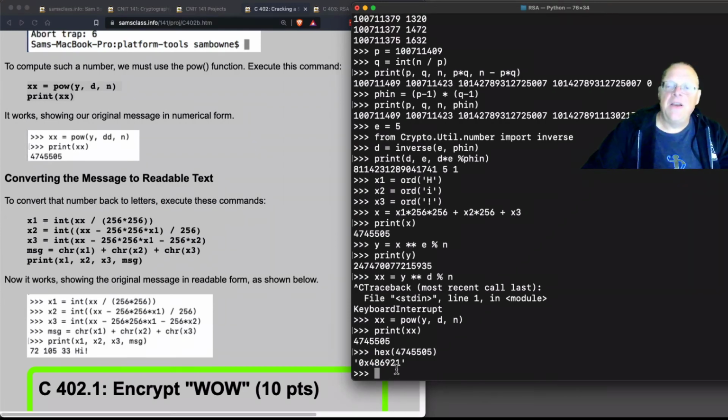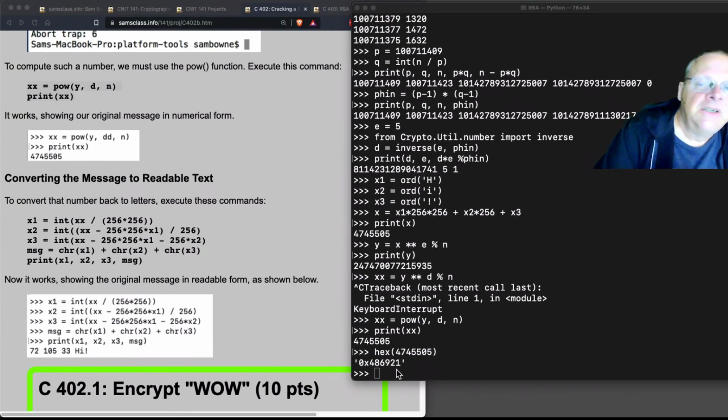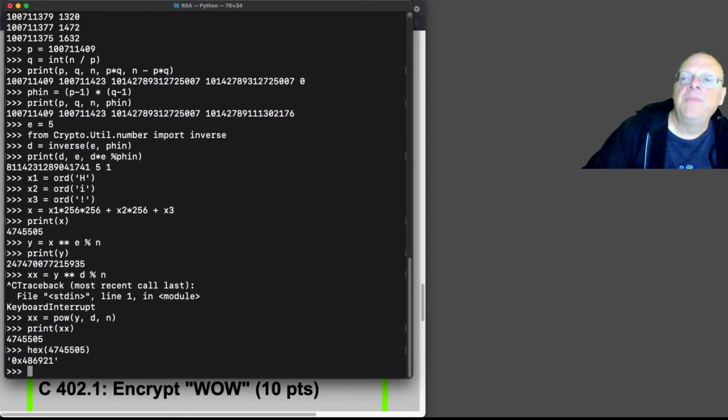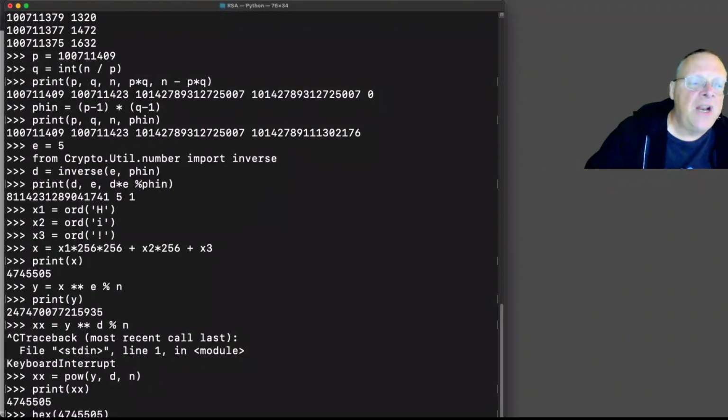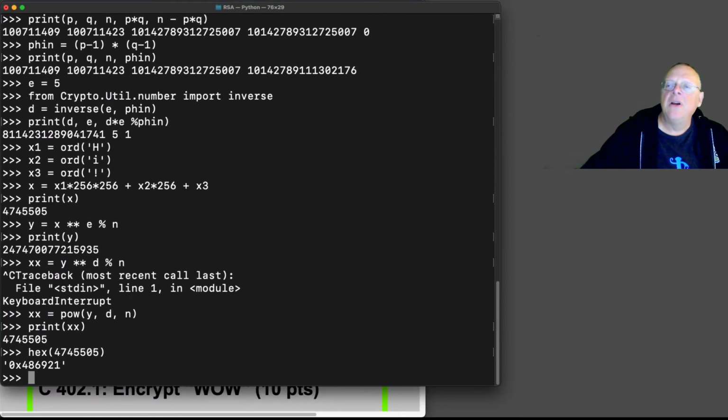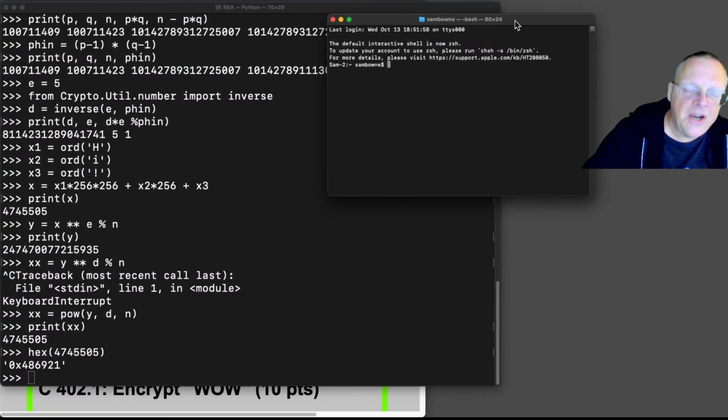So if I open up another terminal and do man ASCII, this is another way to do this encoding that might be more transparent. Let me make this fit on the screen better. All right, there's my number, and I just want to have man ASCII over here.